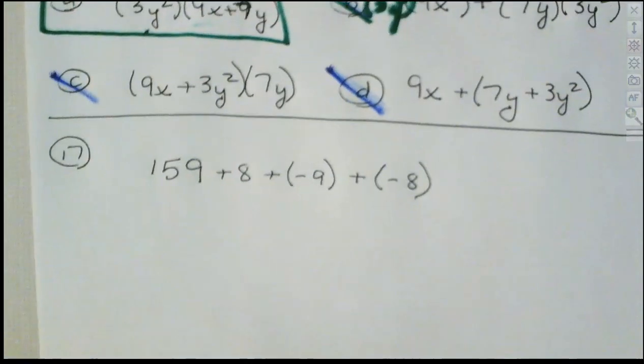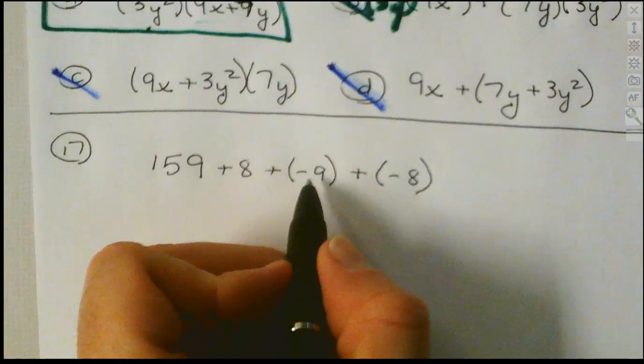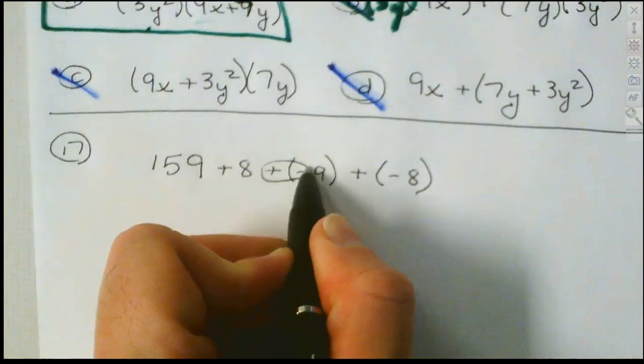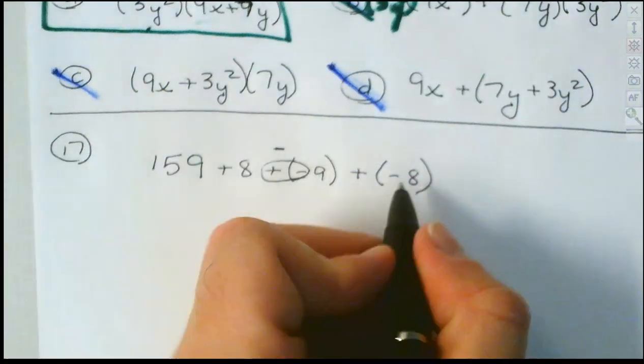So what I can do is rearrange this in a different order, and we don't need all these extra signs. So I'm going to rearrange things to make it look easier to see, and we're going to get rid of some of these excessive signs, because the negative and the positive here are back to back, so that's going to be negative.